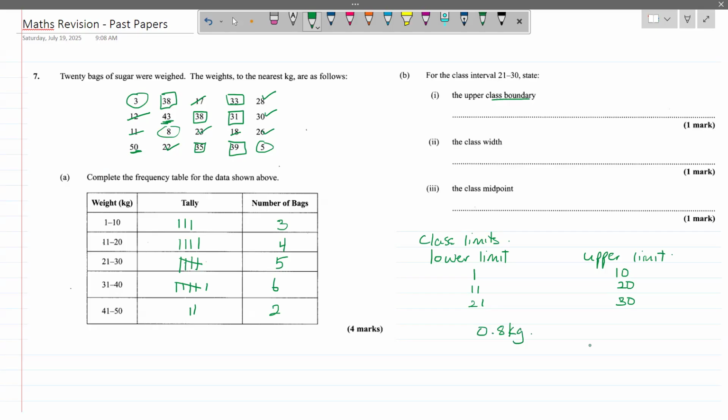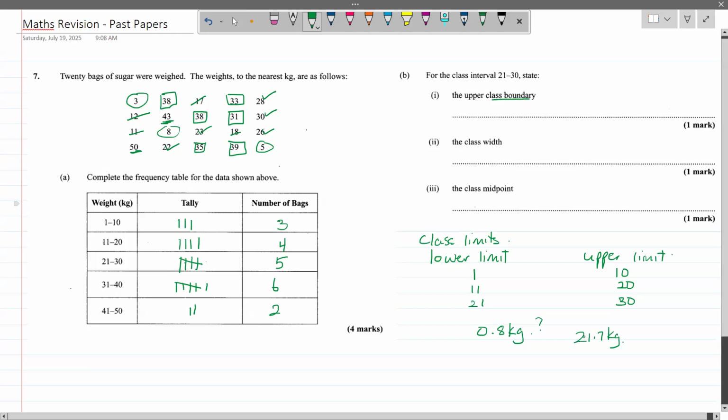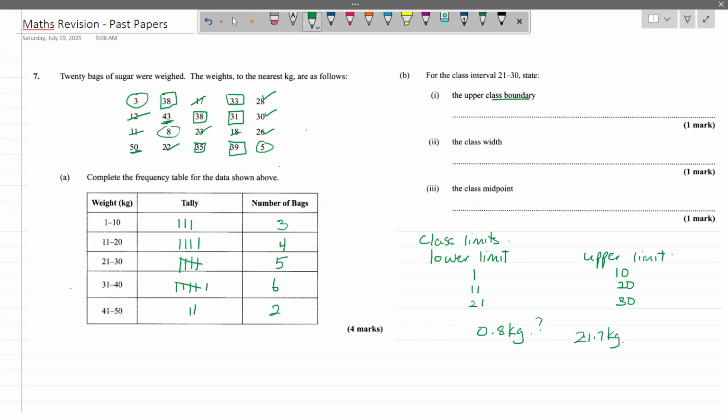How would I know what class to put that in? Or what about if I had a bag that weighed 21.7 kgs? Do I put that in the class 11 to 20, or do I put it in 21 to 30? So the way in which we would treat scenarios like this is the upper class and lower class boundaries help us to define the outer layers of each class.